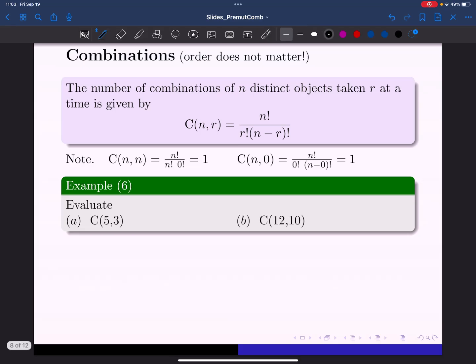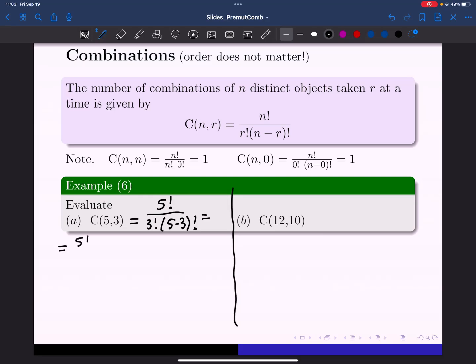So now we have example 1, combination 5 choose 3. By the definition, this would be 5 factorial over 3 factorial times 5 minus 3 factorial. We have the first number on the top, the second number on the bottom, and then we subtract them for the second one.